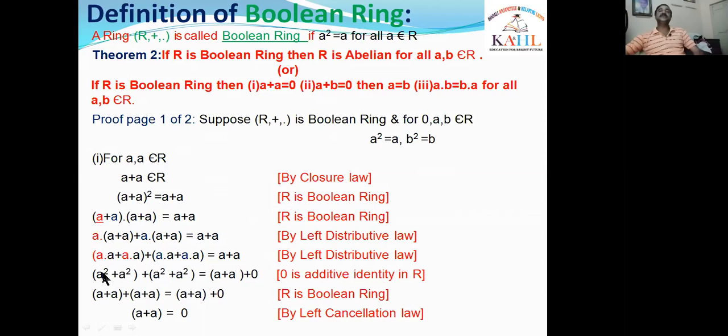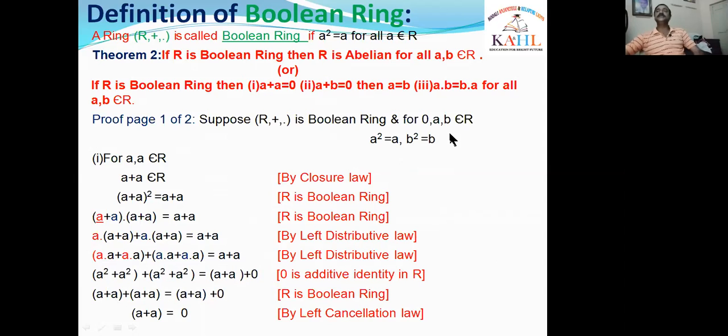A dot A means A square, plus A dot A means A square, equal to A plus A, which can be written as A plus A plus 0, because 0 is the additive identity. That means A plus A can be written as A plus 0. Okay, right. What about A square?